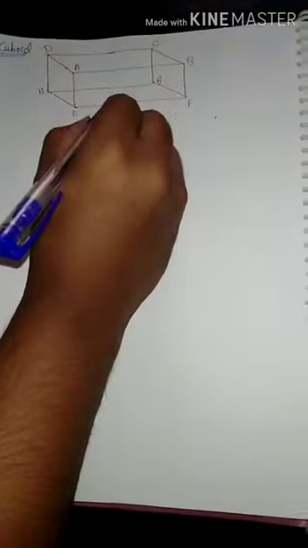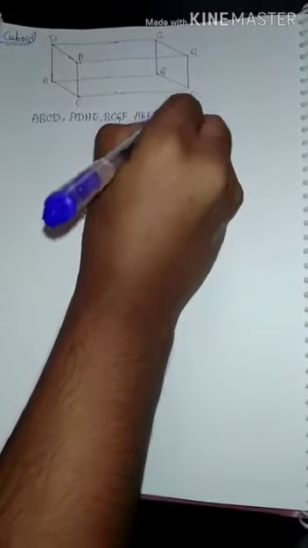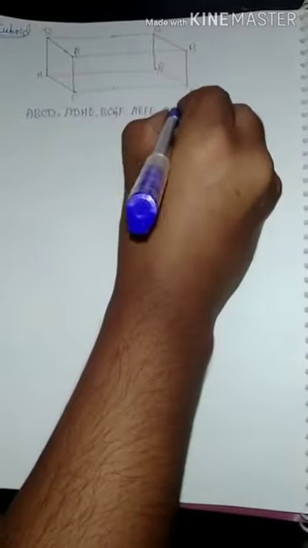So it is made up of 6 rectangular plane regions, namely ABCD, ADHE, BCGF, ABFE, HGFE, and one more, HGCD.